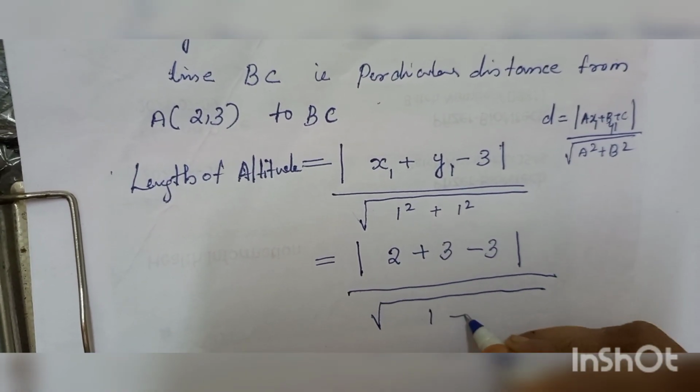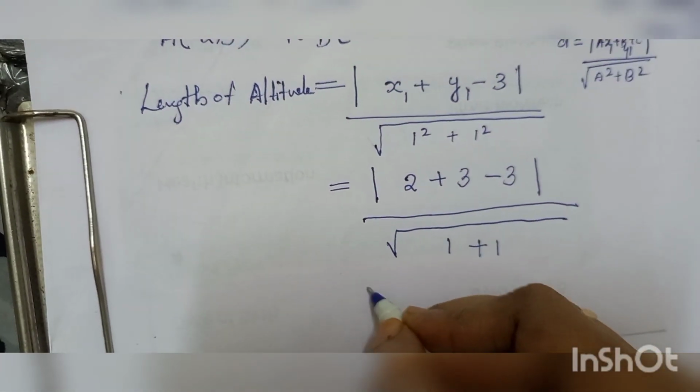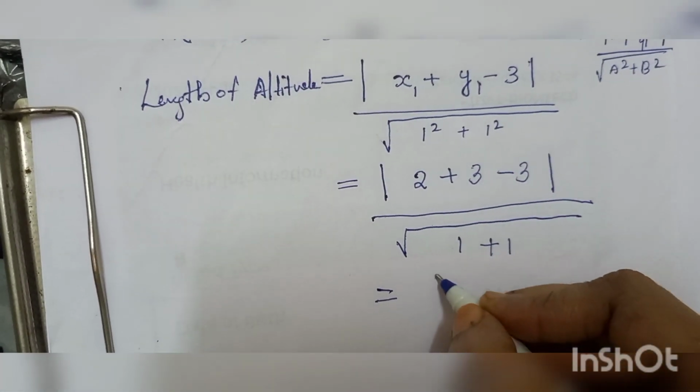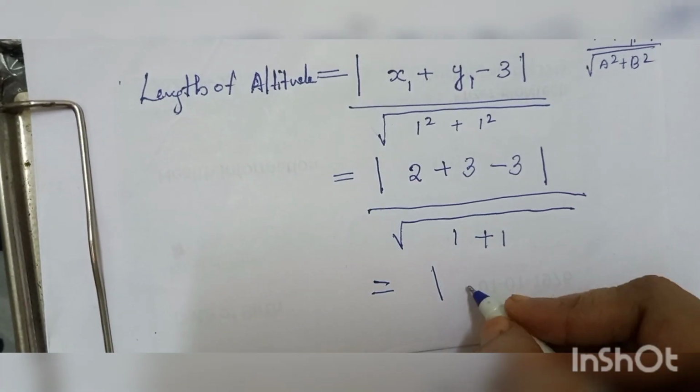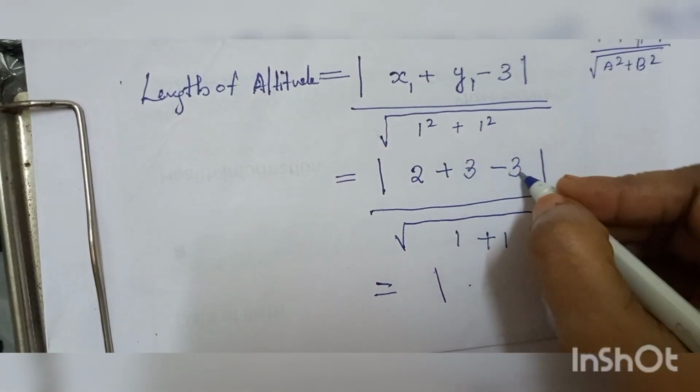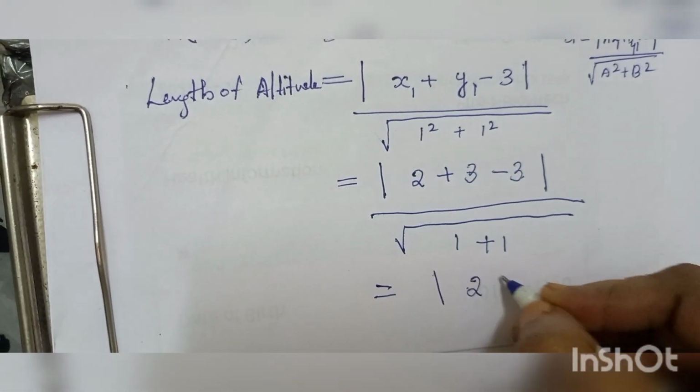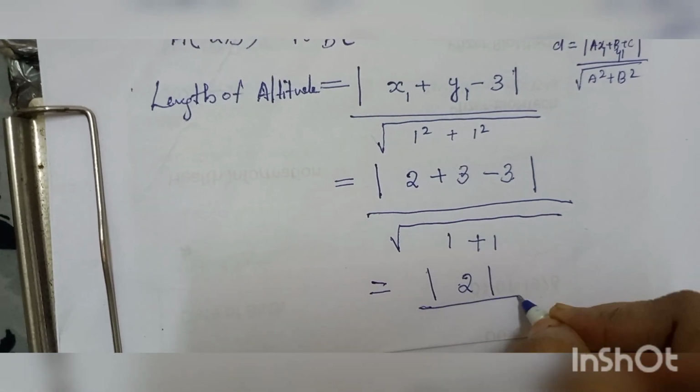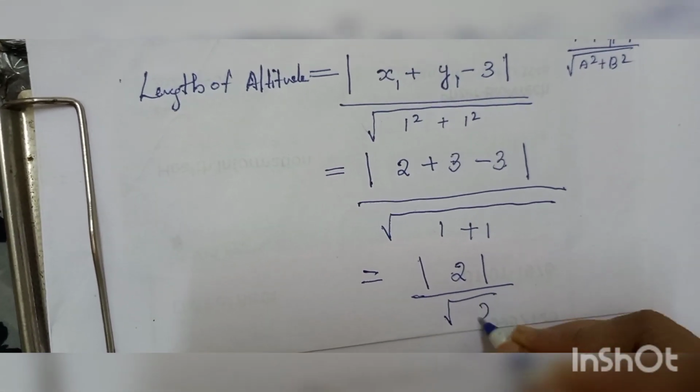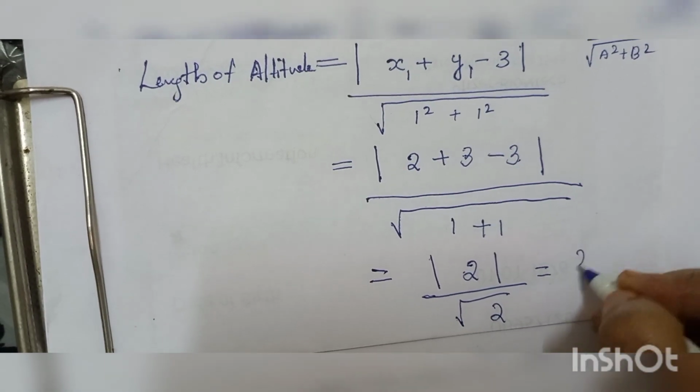What is x1 here? 2. So 2 plus 3 minus 3, whole divided by root of 1 square plus 1 square, which is 1 plus 1. After simplifying we get modulus of 2 whole divided by root 2. So we get 2 by root 2.